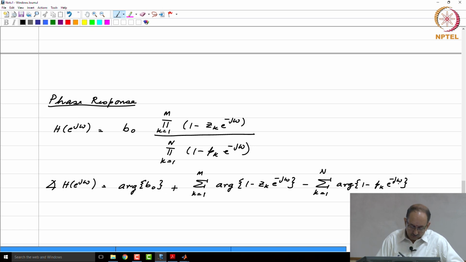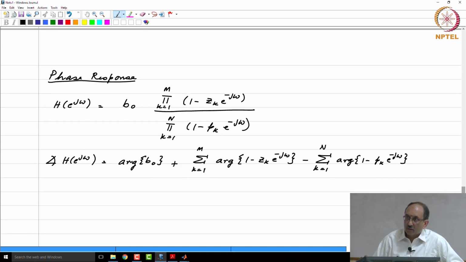So, this is pretty straightforward based on the formula for the angle of a ratio of complex numbers.